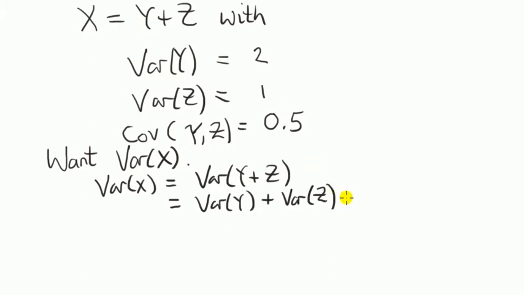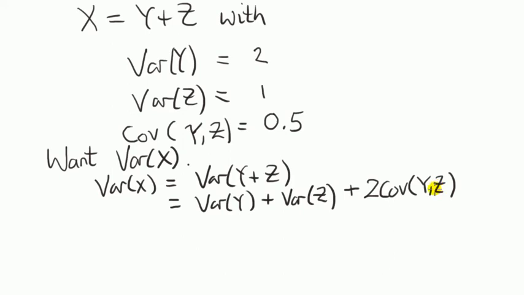I prefer to teach my students, when they first see this, the most general formula, because otherwise they go and think that the variance of y plus z is just the sum of the individual variances. This is the most general formula. Variance of y plus z is equal to the variance of y plus variance of z plus 2 times the covariance of y and z.